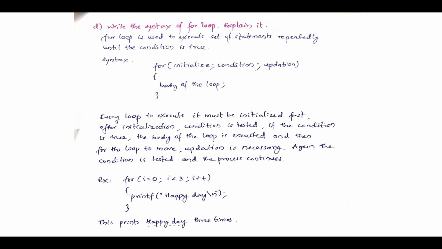Again, the condition is tested and the process continues repeatedly until the condition is false. For example, you can see for i equal to 0, i less than 3, i plus plus, printf happy day, which prints the happy day string on the screen 3 times.